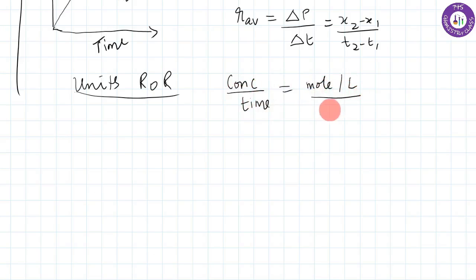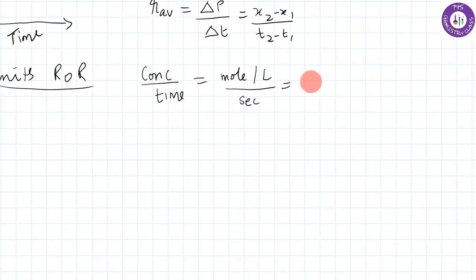Mole per liter by time வந்து second. So if you want to put it in a single expression you will have mole per liter per second. Mole per liter per second will be the unit for the rate of the reaction, both for instantaneous as well as average rate of the reaction. Okay.